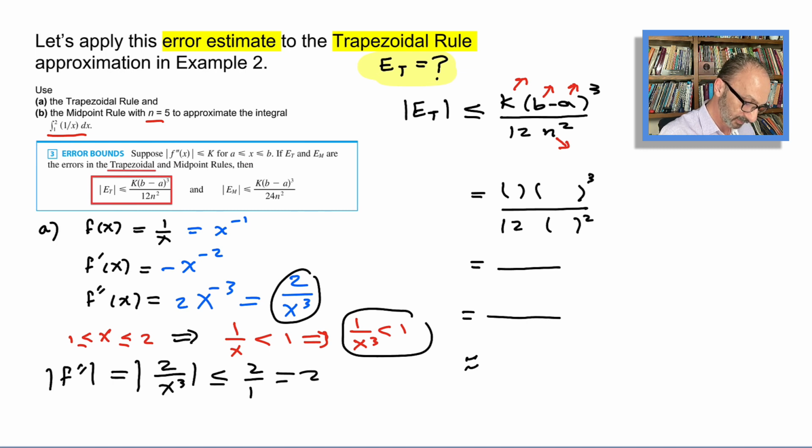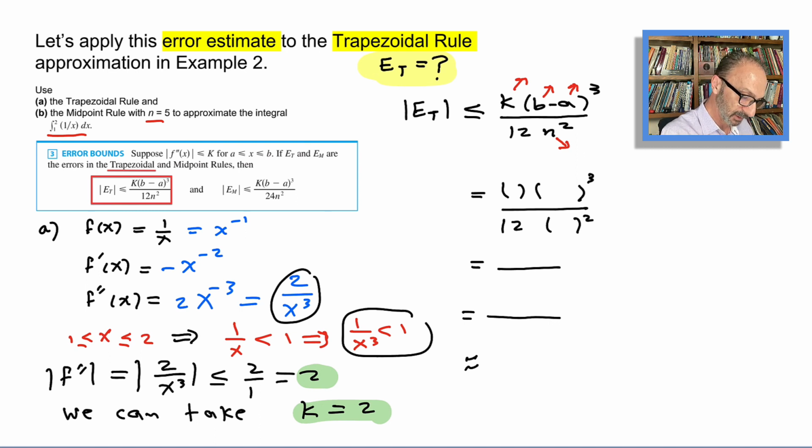So we can take k equals 2. This is our k equals 2 from right here.